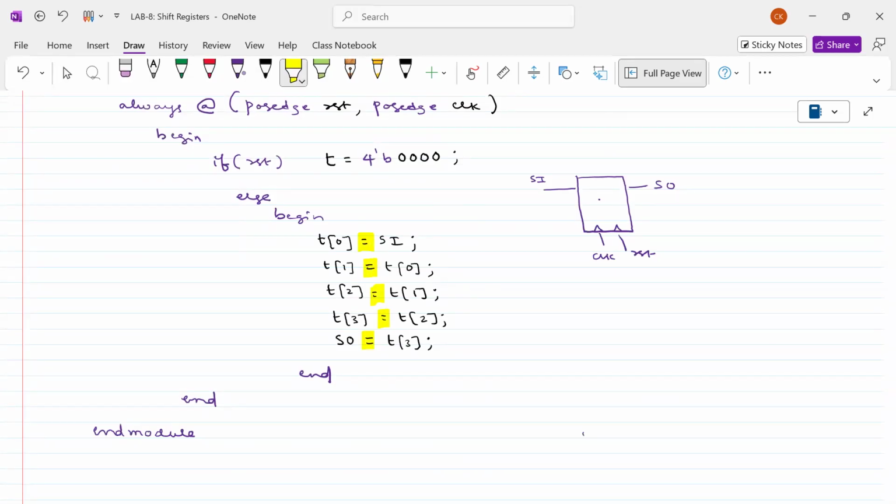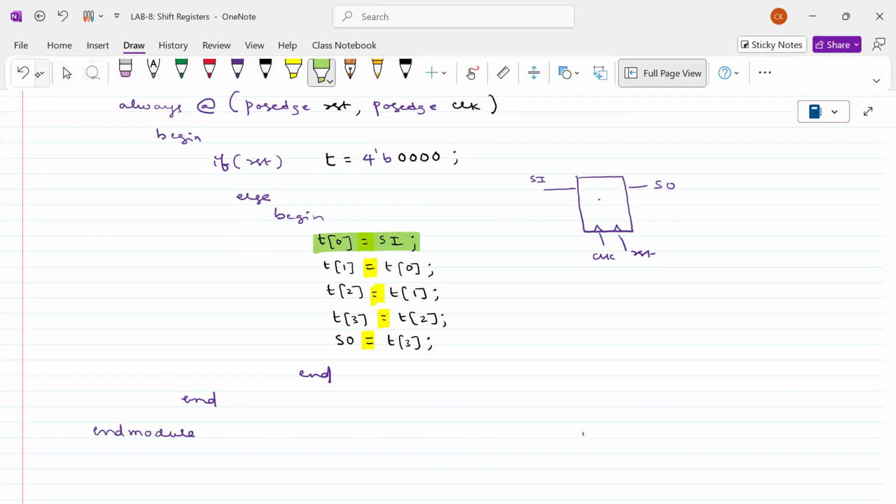What is the meaning of blocking assignment? That means first, this particular statement is completely executed, then only it will go to the next statement. That means it's completely evaluated.